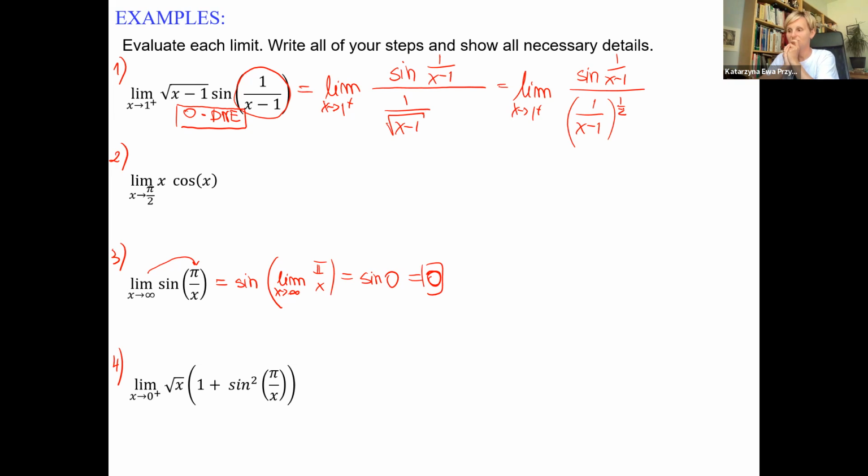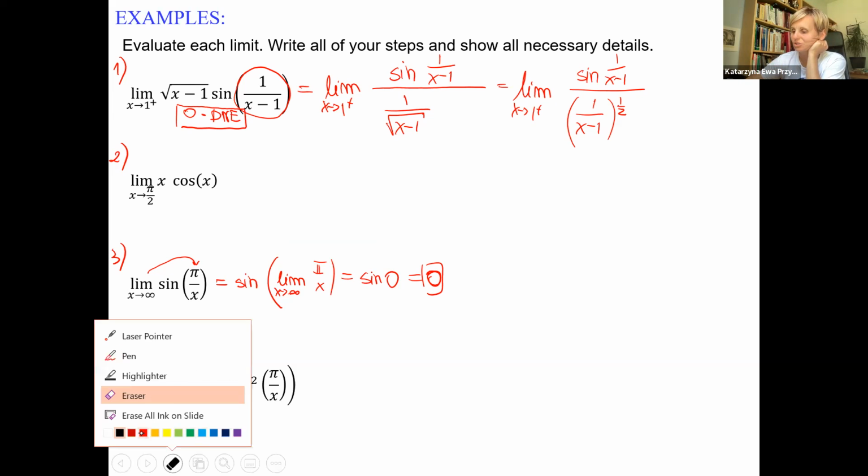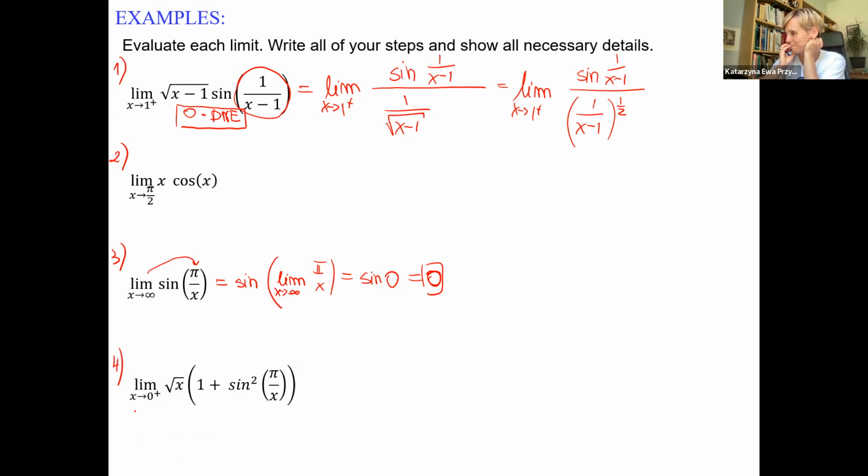However, no. Do you know what we can do? We can still do it, but I don't want to. Okay, let me change something. The same concept.